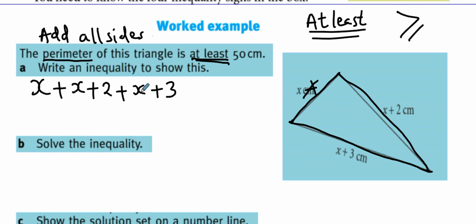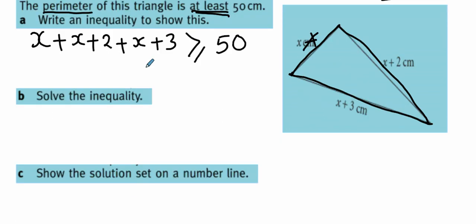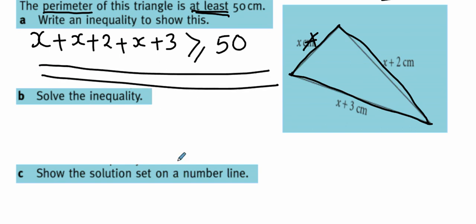So this perimeter will be greater than or equal to 50. See? The phrase at least is replaced by the mathematical symbol greater than or equal to. So this is our final answer, the inequality that shows this information.